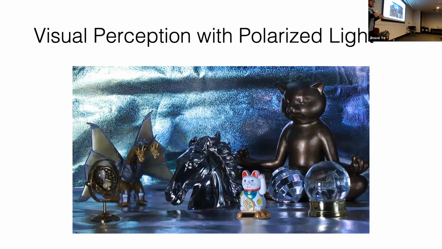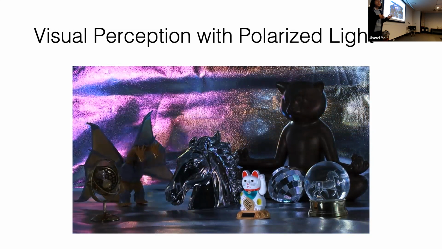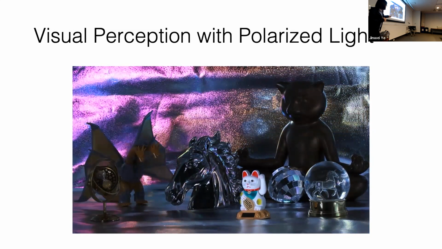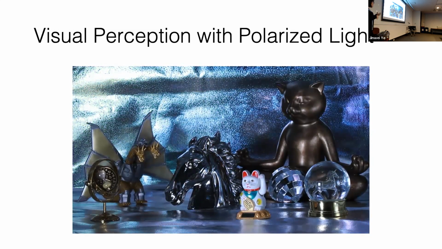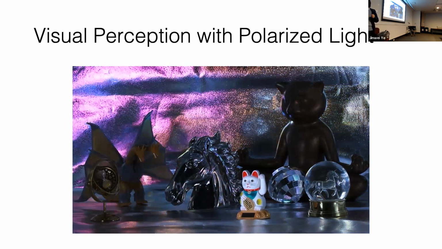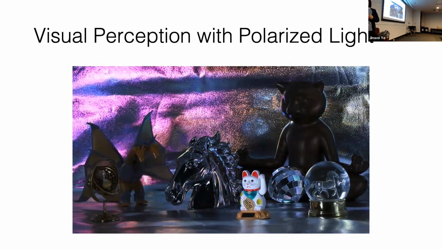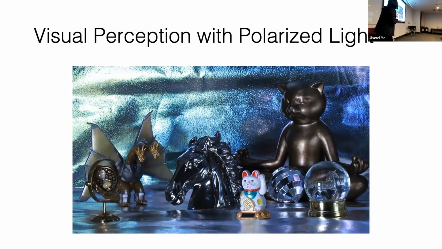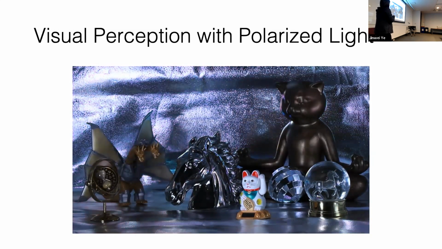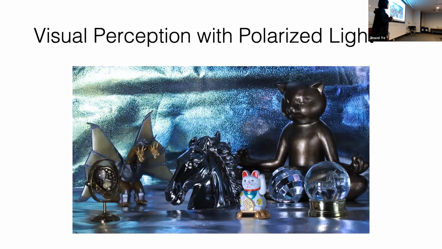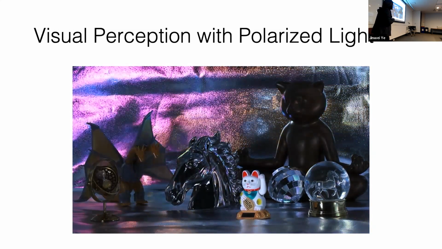Here is a little taste of what I mean by seeing polarized light. This is a video of the same scene as in the color image, taken by rotating a polarizer in front of the camera. In this way, the camera can distinguish the polarized light. The scene looks very different from the color image you saw before, and while the polarizer is rotating, the appearance keeps changing.